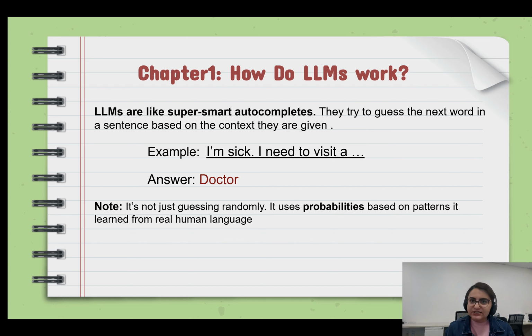If you ask an LLM to complete this sentence, the LLM will say the same thing. It will tell you that you need to visit a doctor. But how? Well, as I said, LLMs are trained and have seen a lot of documents, like medical documents and medical texts.